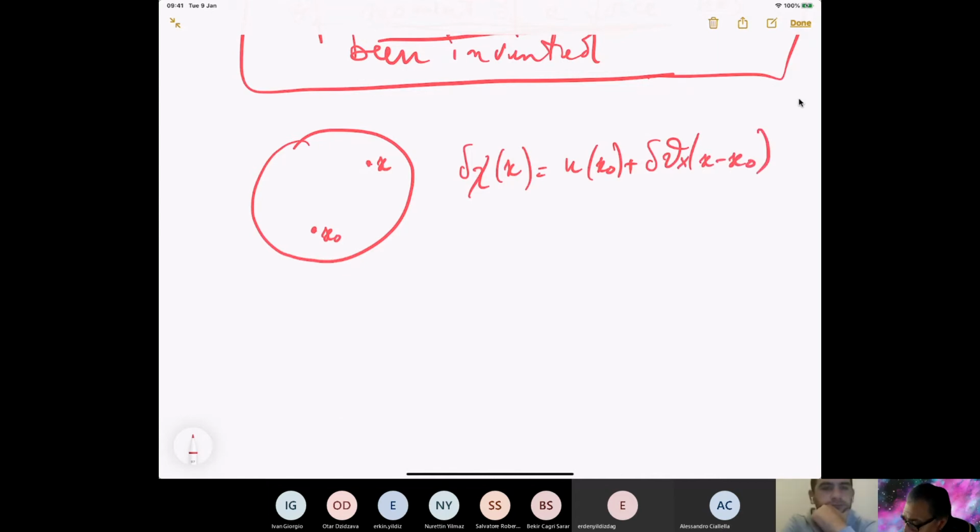So one could say, if I represent the rigid displacement with respect to another point, what happens? Okay, this formula becomes like that.